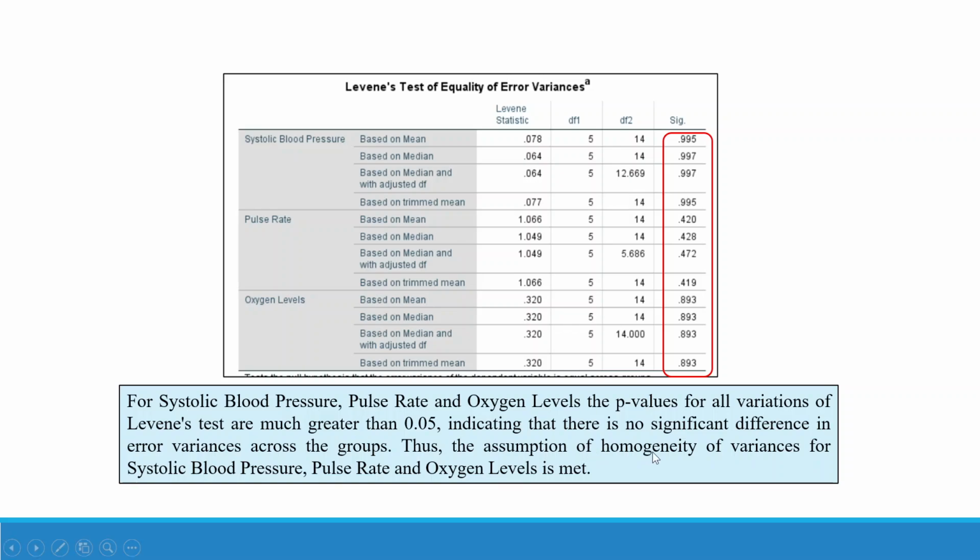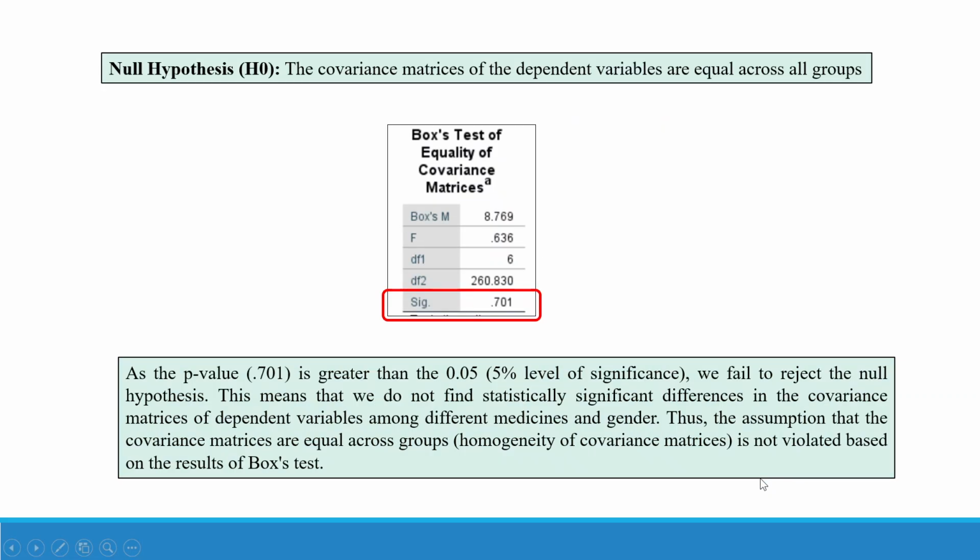Thus, the assumption of the homogeneity of the variances for systolic blood pressure, pulse rate, and oxygen level is met. So this is desirable, that the p-value should be more than 0.05 and we get the equality of the variances. That is, the homogeneity of variances is established.